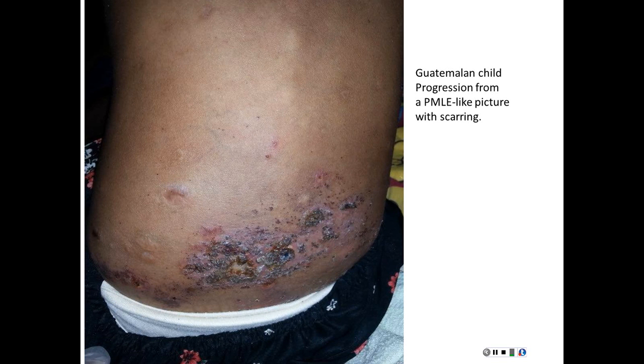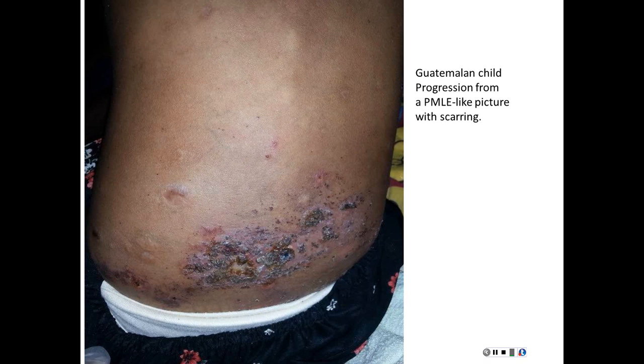So pemphigus foliaceus, you're thinking regional geographic, which is great. Pemphigus foliaceus can be any age, but commonly adults, and is going to look foliaceous, with crusting, dried cornflake crusts, but it doesn't usually start with a photosensitive eruption.